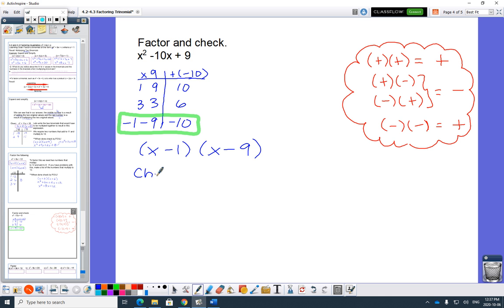So we're going to check x times x is x squared, x times negative 9, negative 9x, negative 1 times x, negative 1x, negative 1 times negative 9 is positive 9. Negative 9 minus 1 or negative 9 plus negative 1, it actually doesn't matter. Negative 10x.